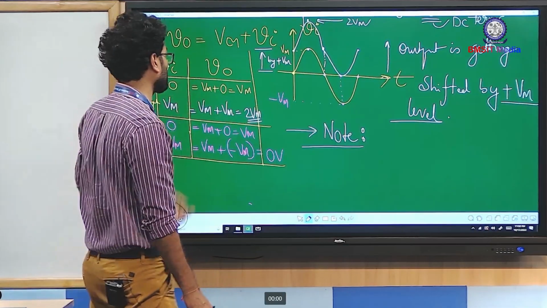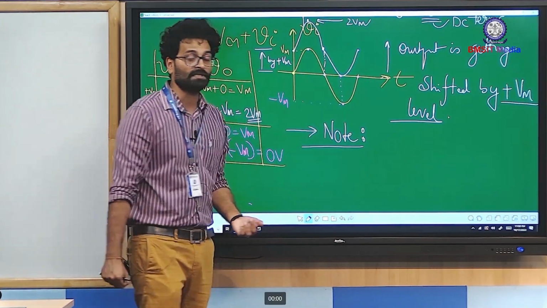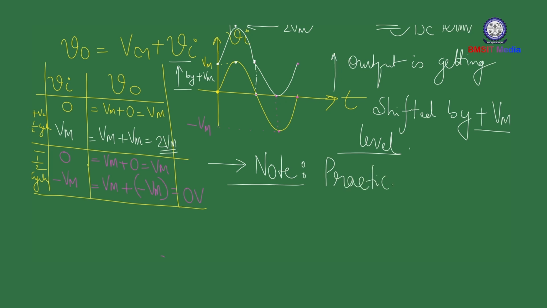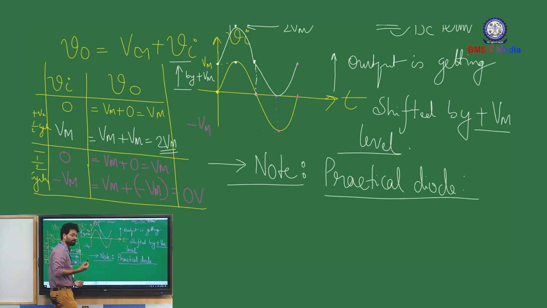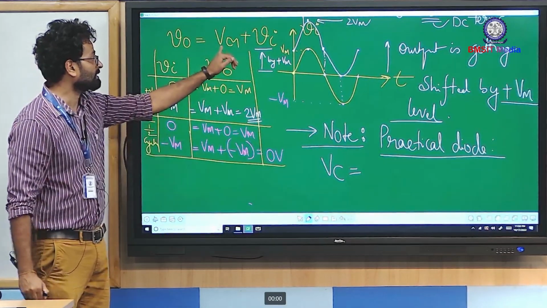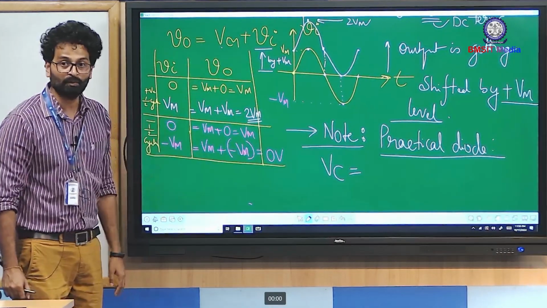So this is basically ideal diode analysis because we did not consider the effect of Vk. In case of practical diode, what is going to happen is that the charging voltage Vc, in case of ideal diode, what is the charging voltage Vc? The charging voltage Vc is nothing but Vm, right?